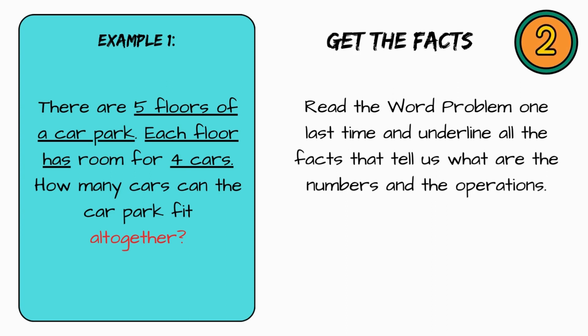So 5 floors in a car park, I underlined it. Each floor has room for 4 cars, so I've highlighted that. That means floor one has 4 cars, floor two up till floor five has room for 4 cars.